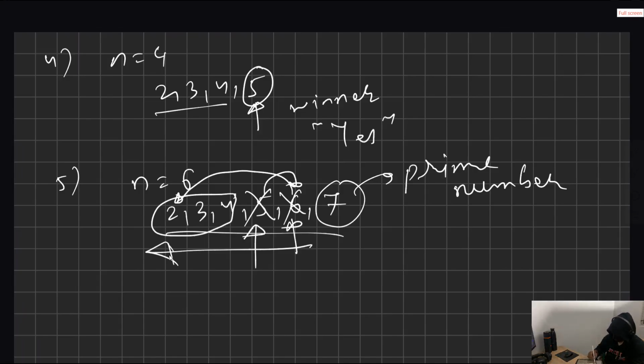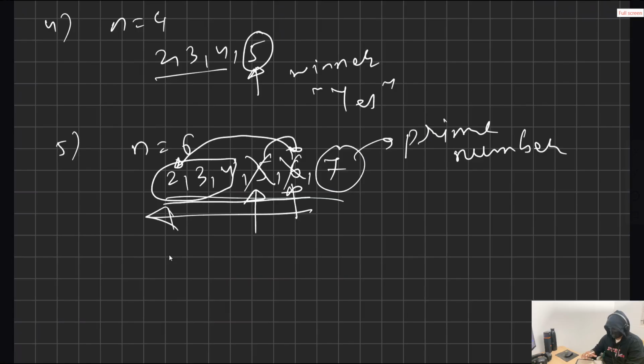Whatever card we have, if it is a prime number, it will not be divisible by the lower ones, which is obvious: the definition of a prime number says it is divisible only by itself and 1. Since the cards start from 2 and not 1, none of the lower numbers will divide it. And since 7 is the greatest, it is going to win. So in this case the answer is yes.